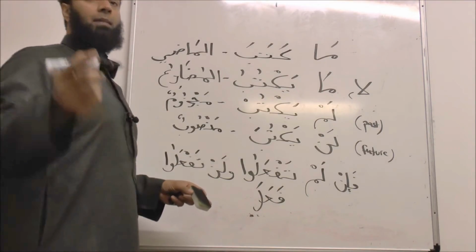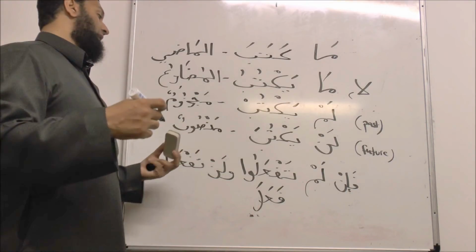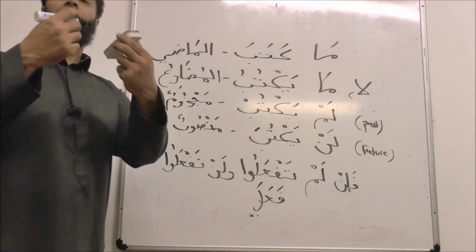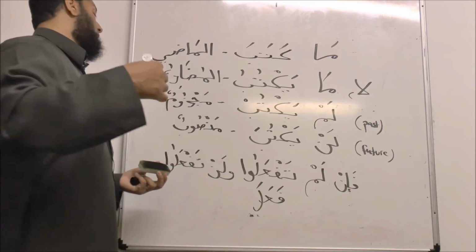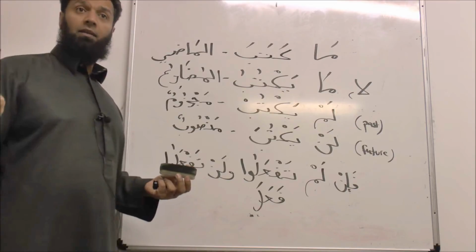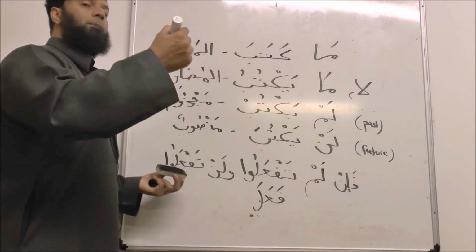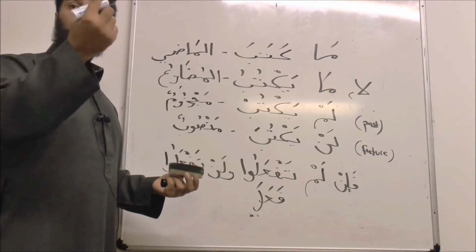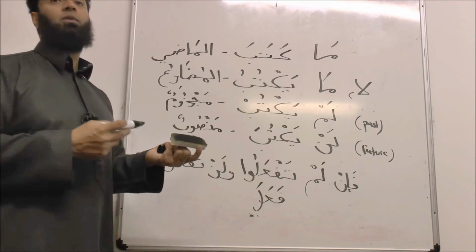So remember, the ayah is talking about: in kuntum fi raybin mimma nazzalna ala abdina, that if you are in any doubt about that which we have revealed to our slave, fatu bi suratin min mithlihi, then bring forward a surah like it. وَادْعُوا شُهَدَاءَكُم مِّن دُونِ اللَّهِ إِن كُنتُمْ صَادِقِينَ.